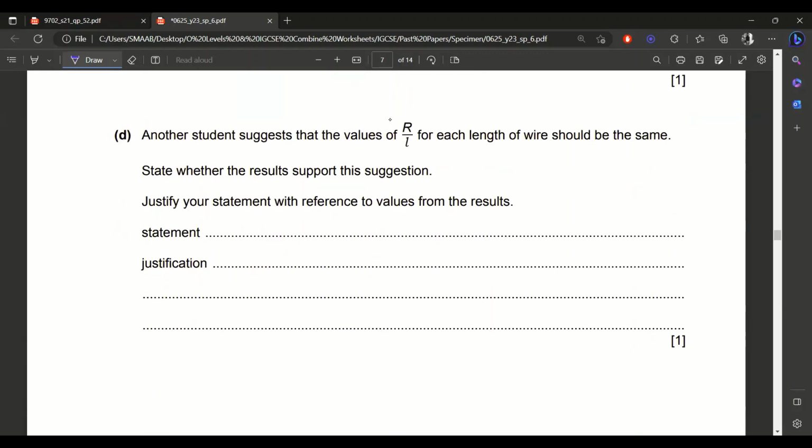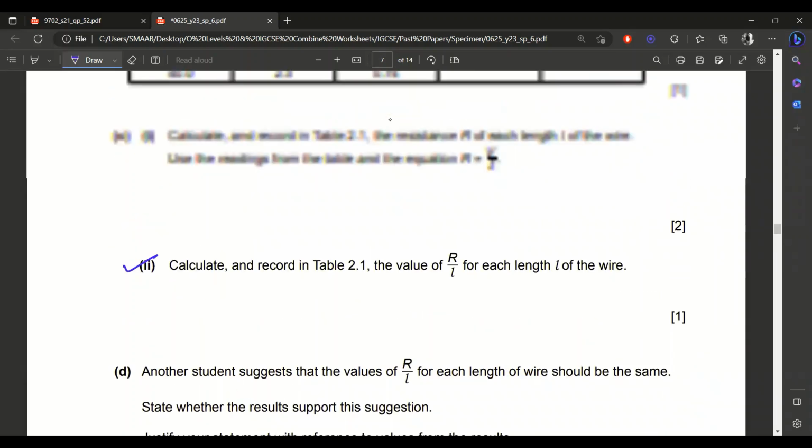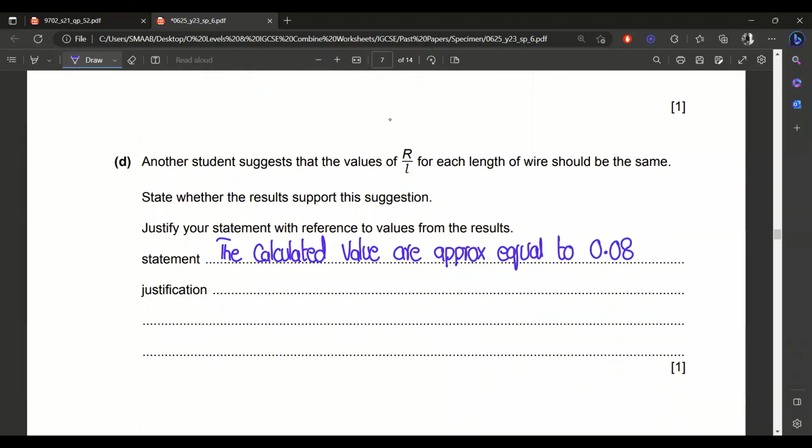So if we write the statement, the calculated values are approximately equal to 0.08, right? And the SI unit is ohm per centimeter.